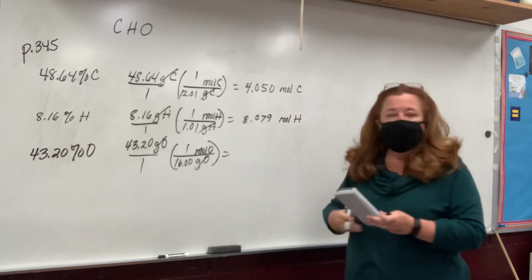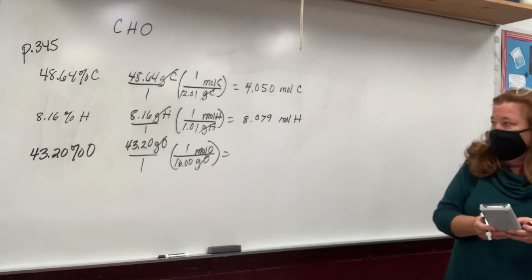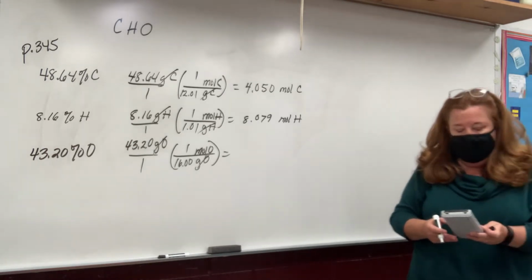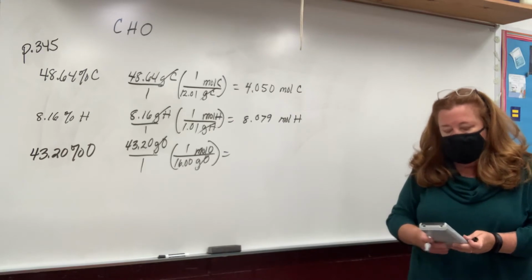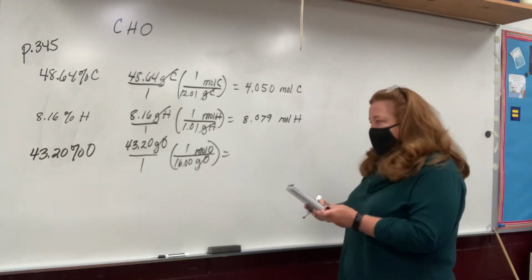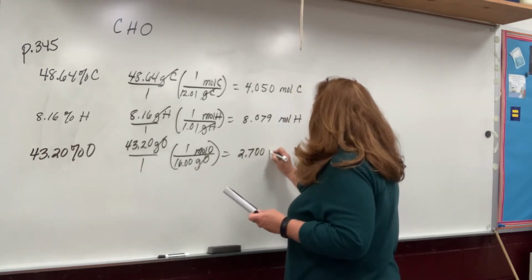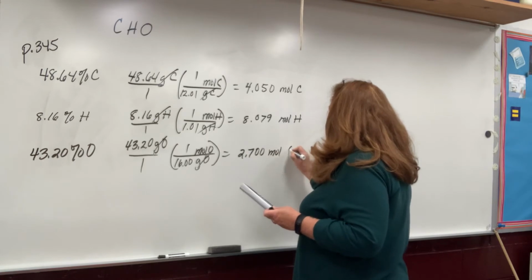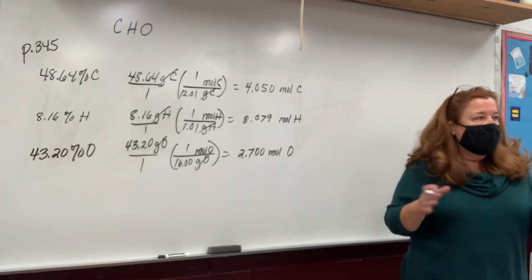And I know that should be 3 significant digits, but just bear with me. And then 43.2 divided by 16 is 2.7. Are we good so far? We change them all to moles.